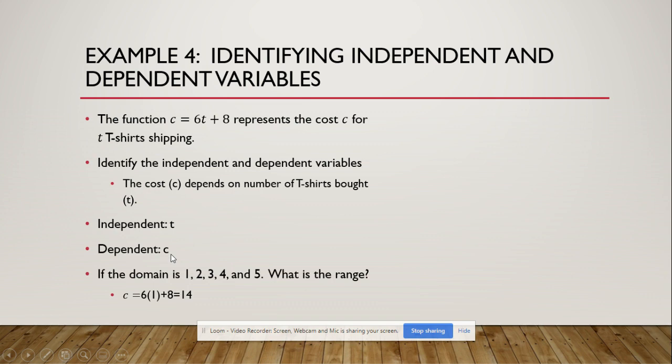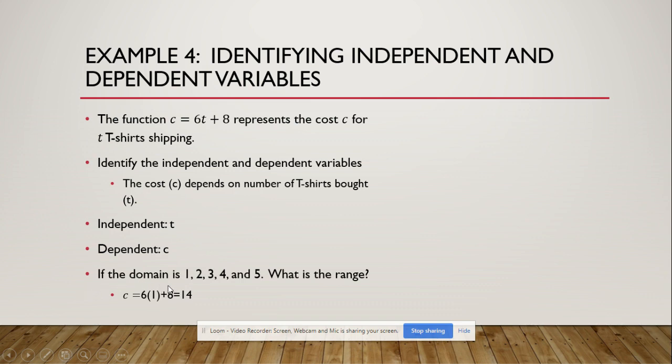Okay, now this equation right here is a function, c in terms of t. So we have c solved for, and t is the variable on the other side that creates that variation. That as t goes up, c will go up. As t goes down, c will go down.